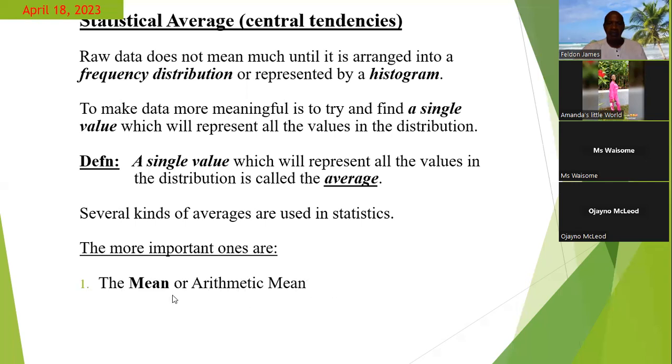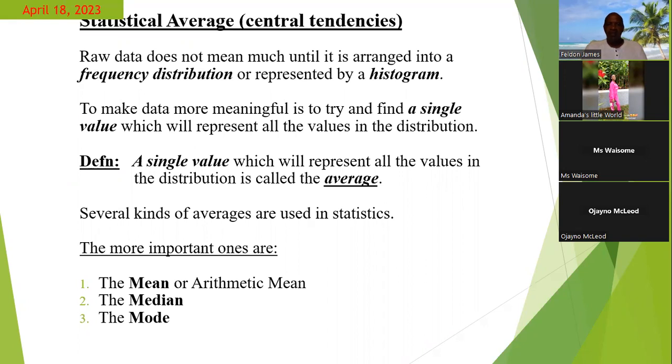More important ones are the mean, also known as the arithmetic mean, the median, which is generally the middle value after you arrange the terms in ascending or descending order. And then we have the mode, which is the one that occurs most frequently when you organize the data. All right, so these are the three averages that we're going to be looking at.